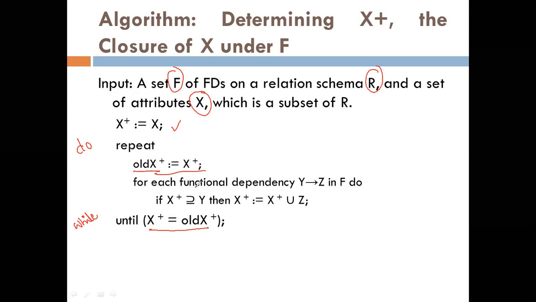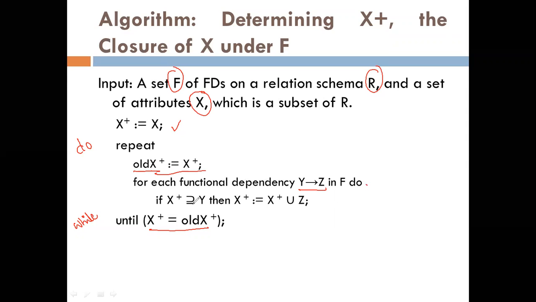Next, for each functional dependency that exists in F, what we have to do is, if Y is a subset of X plus, then we have to add Z to the X plus. So we have to repeat it for each functional dependency. It is similar to a for loop.